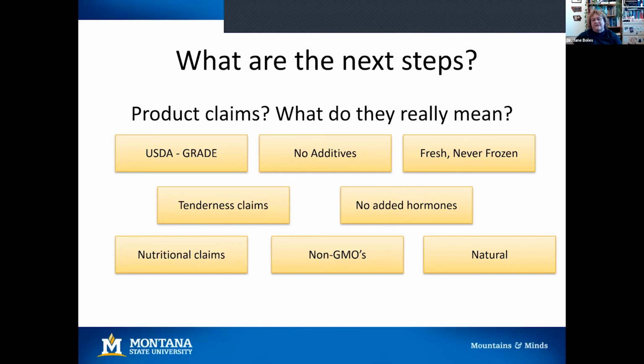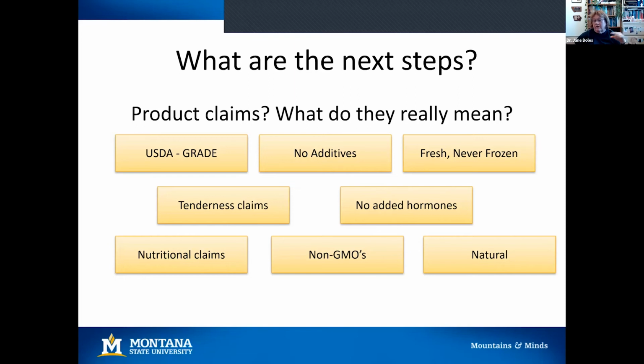No additives, that is a subjective thing. That one, you need to actually say what is not added. We have a lot of what we call clean labels, which are addressing this no additives portion, and it does depend on what people consider no additives. So it should be very specific as to what is not added.